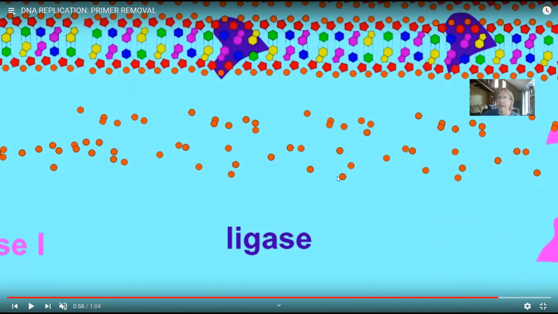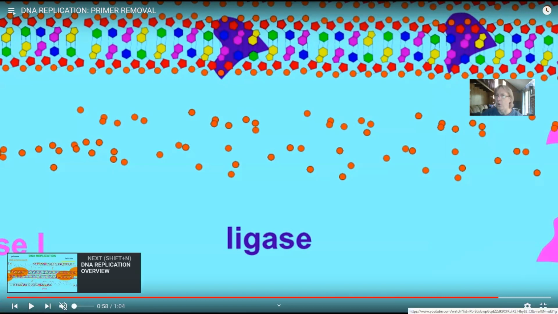And then another enzyme called ligase will take the spot where the last primer, which has now been replaced with DNA nucleotides, where that just ended, to seal the nick, to connect that last nucleotide of the replaced primer to the original set of DNA nucleotides, which was already there.